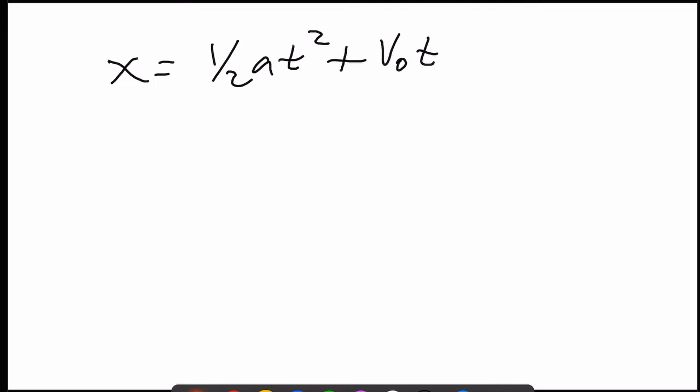If you've ever taken a physics class, and maybe you have, maybe you haven't, but you always get this equation. It's one of the first equations they give you. That measures how far you traveled. So the distance you travel is 1/2 the acceleration times time squared, plus the velocity you started at, the speed you started at, times the time.